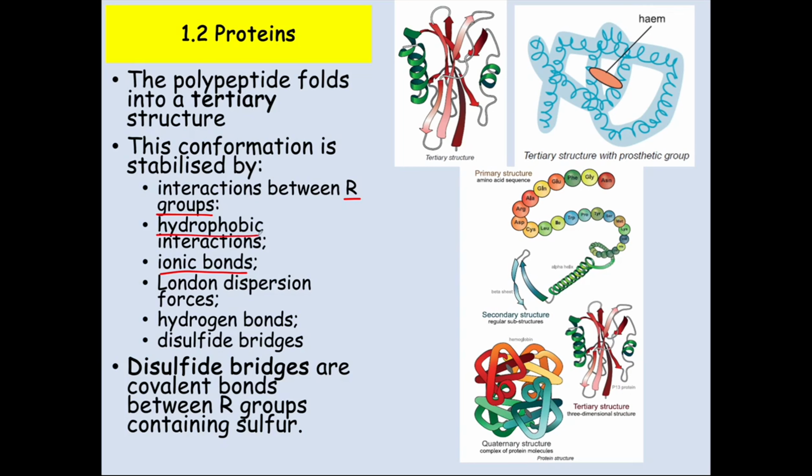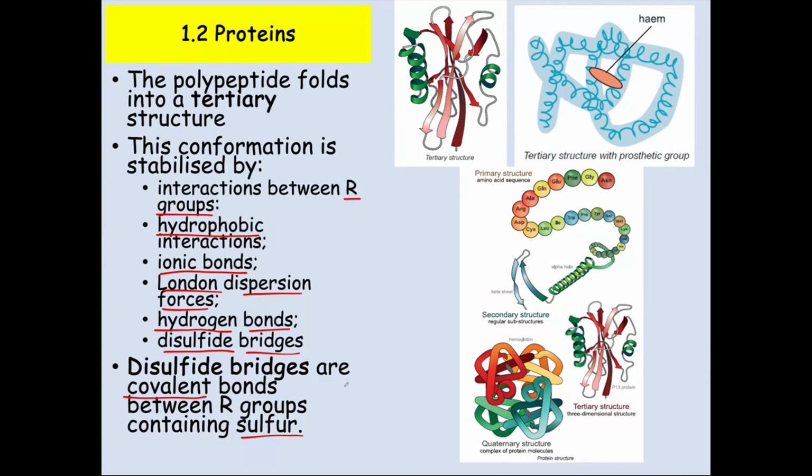We've also got hydrophobic interactions, again on the basis of our hydrophobic R groups. London dispersion forces, the chemists will know lots about that. Hydrogen bonds, which we've already mentioned before. Disulfide bridges, which provide a covalent bond between R groups that contain sulfur. So that's the tertiary structure held together by all of these bonds and interactions.